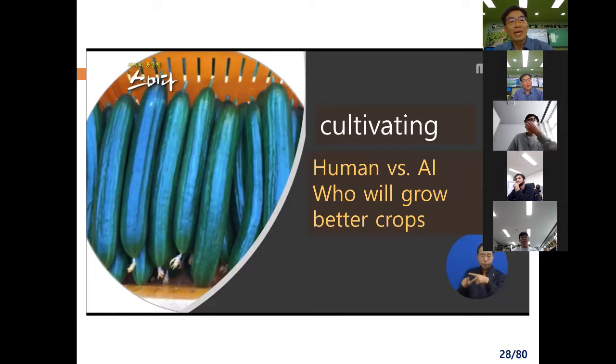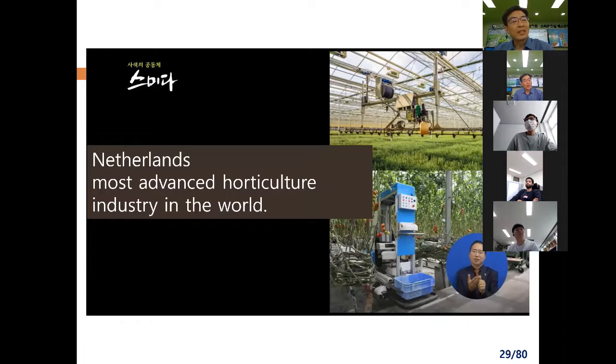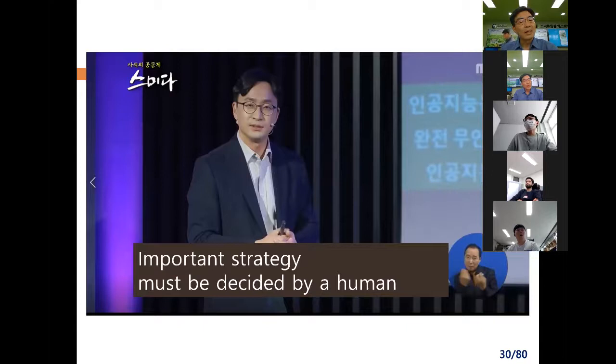Between human and AI, who will grow better crops? Anyone interested in AI can have this question. As you know, the Netherlands is the country with the most advanced horticultural industry in the world. There are various technologies in horticulture, and many parts are automated.